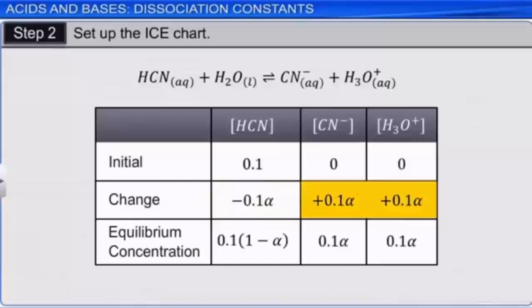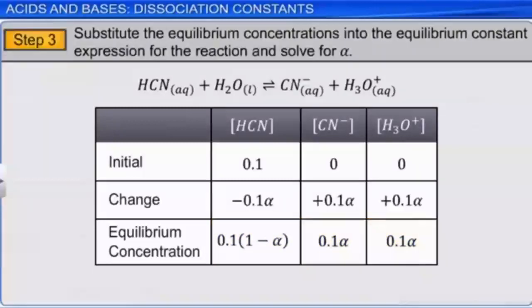The equilibrium concentration of hydrocyanic acid is 0.1 multiplied by (1 - alpha), and 0.1 alpha each for cyanide and hydronium ions. In the third step, substitute the equilibrium concentrations into the equilibrium constant expression for the reaction and solve for alpha.